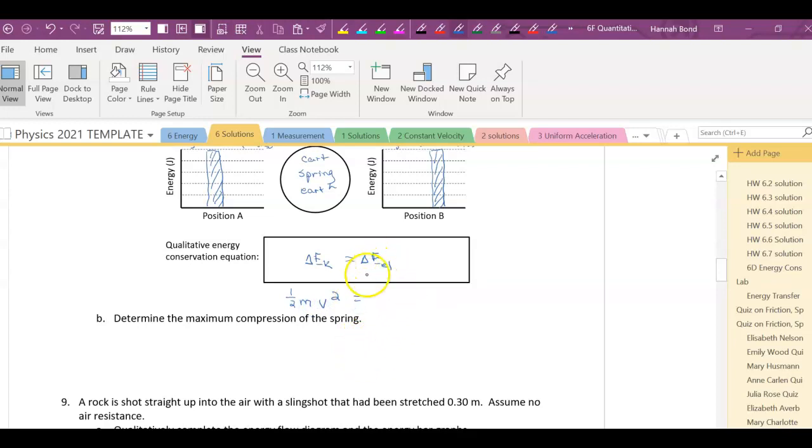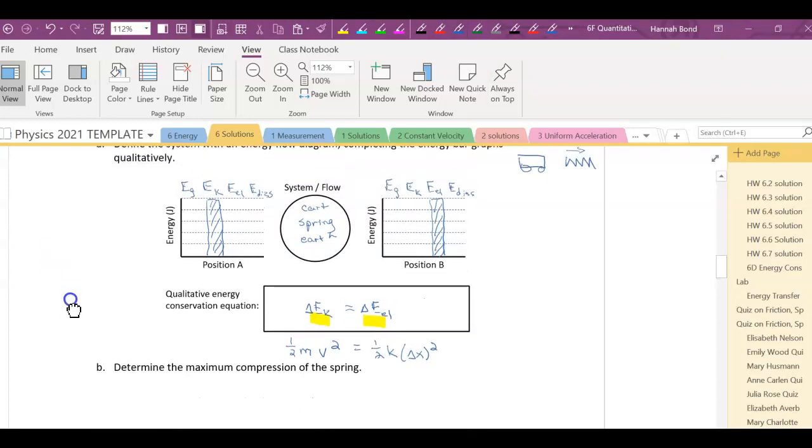And the elastic potential energy in the spring at position B would be half the spring constant times the displacement of the spring squared. So I have substituted in for each one of these terms in my conservation equation the way that I will calculate that energy.